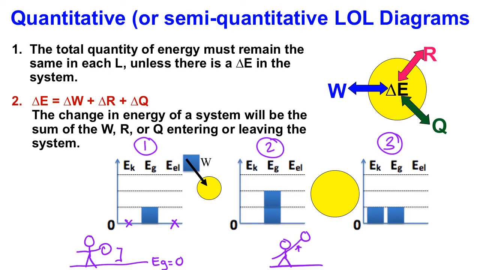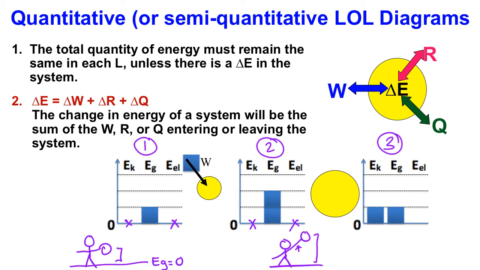Now, if the person is just holding the ball up higher now, there's no kinetic energy because the ball isn't moving. There is more gravitational energy because now, look, I have a bigger height. And there's still no elastic energy because there's nothing stretching or compressing.